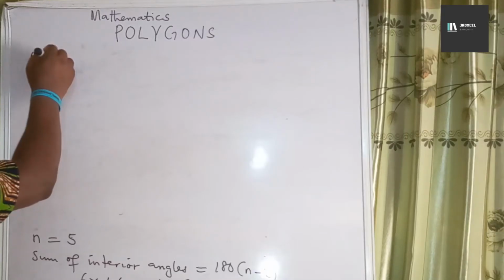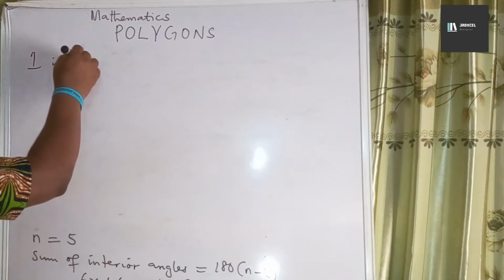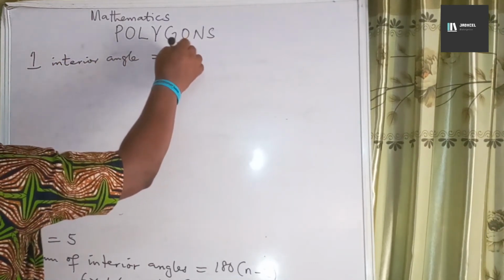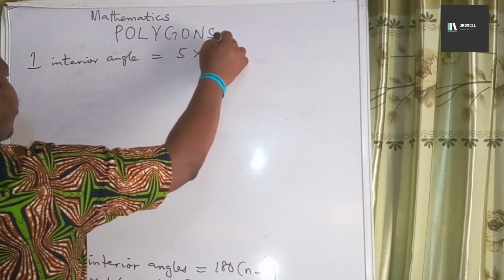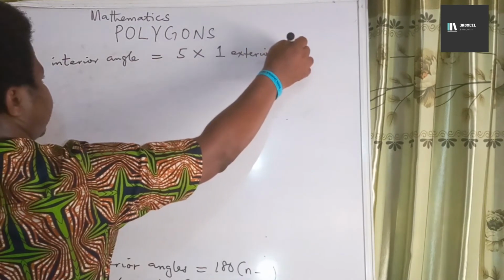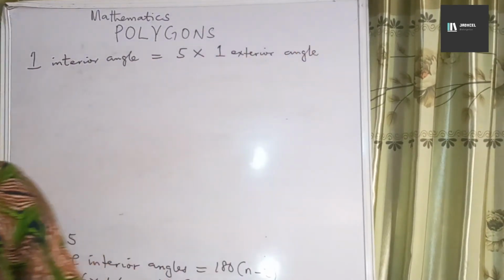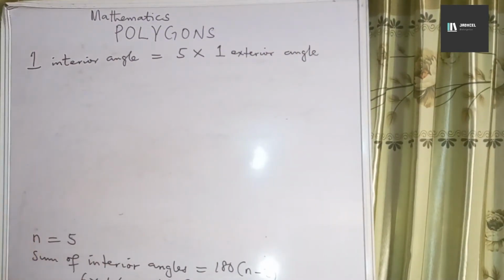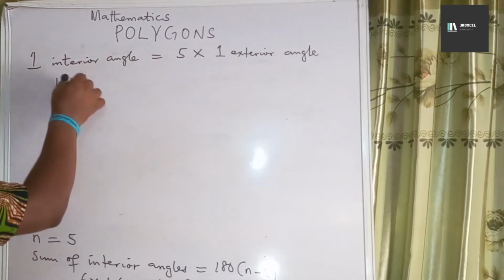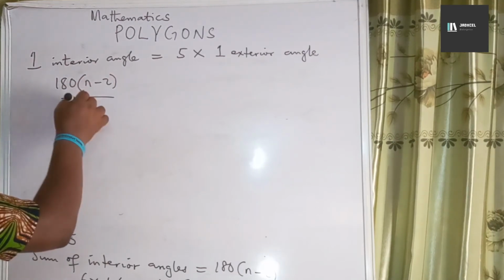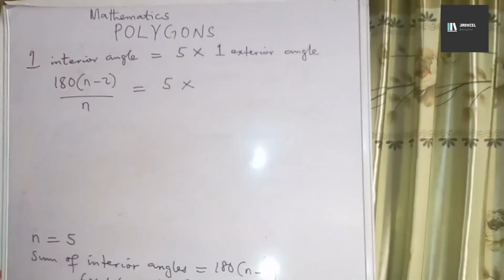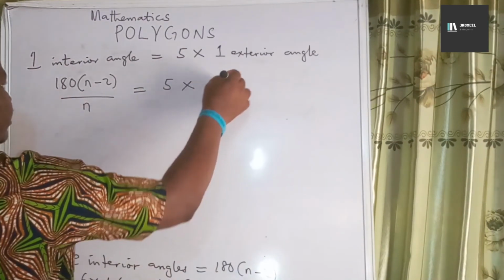One interior angle equals 5 times one exterior angle. So what is the expression for one interior angle of a polygon? As stated before, that's 180(n minus 2) over n equals 5 times, for one exterior angle of a polygon, 360 over n.